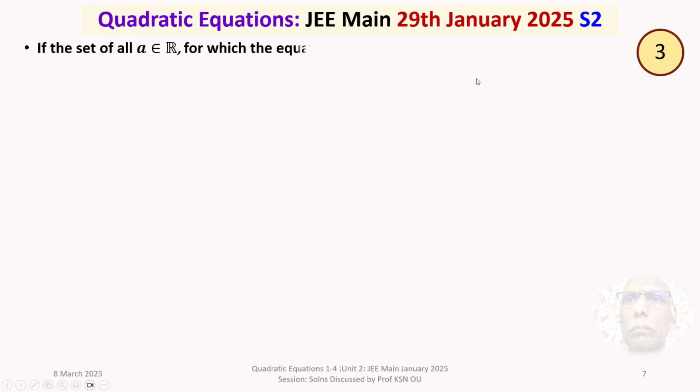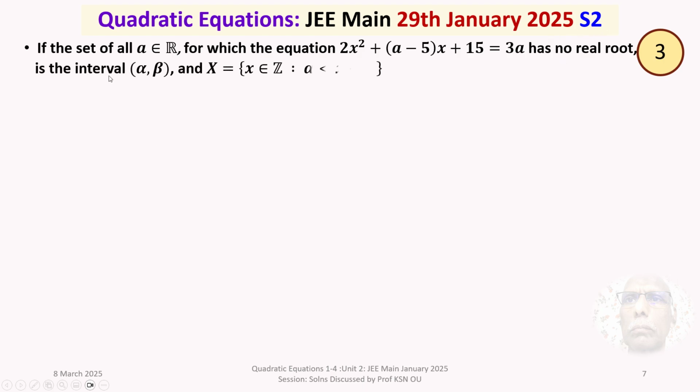The given question is: if the set of all a belongs to R, where R is the set of real numbers, for which the equation 2x square plus (a minus 5) times x plus 15 is equal to 3a has no real root, is the open interval alpha comma beta, and capital X is the set of all those integers which lie between alpha and beta, then sigma x square, where sigma runs on all x belongs to capital X, is equal to.